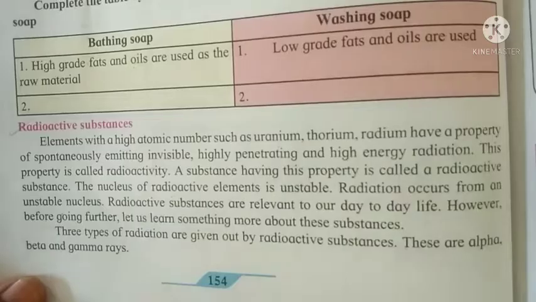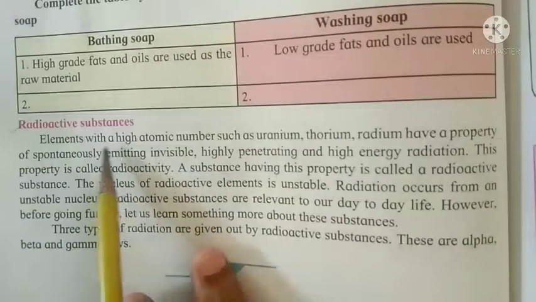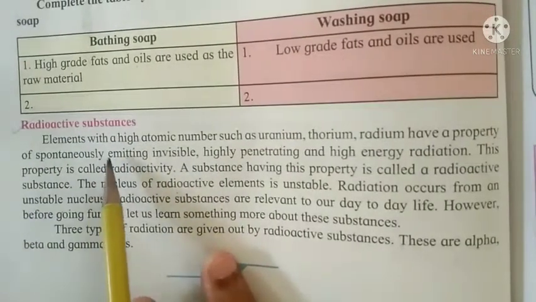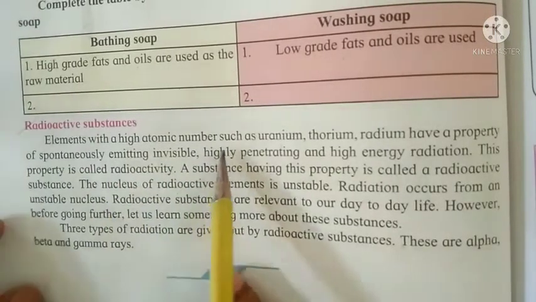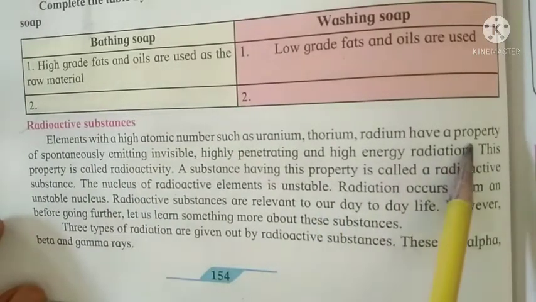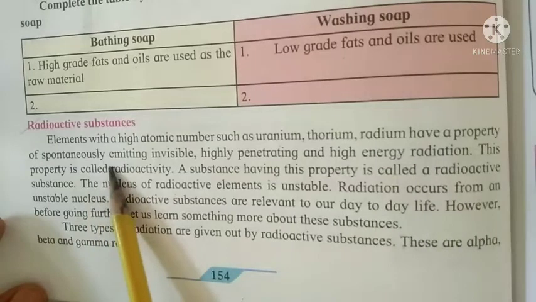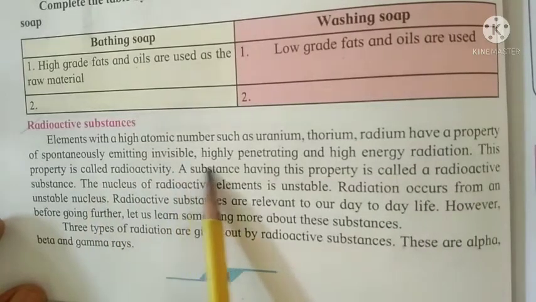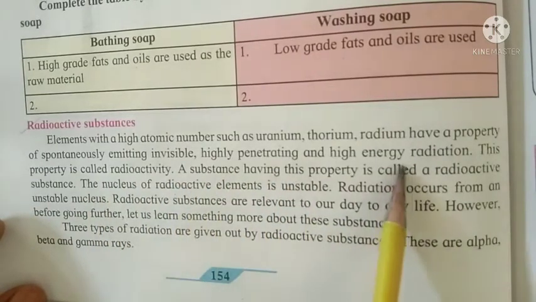Then see here some radioactive substances. Elements with a high atomic number such as uranium, thorium, radium have a property of spontaneously emitting invisible, highly penetrating and high energy radiation.